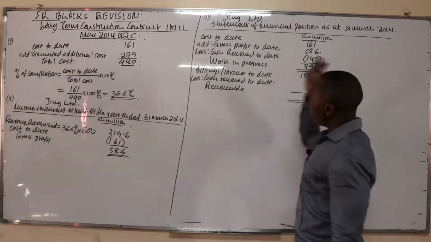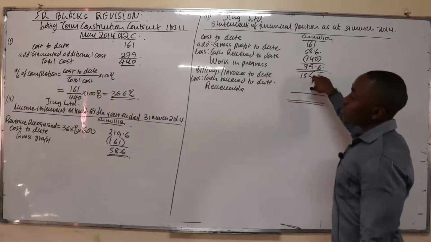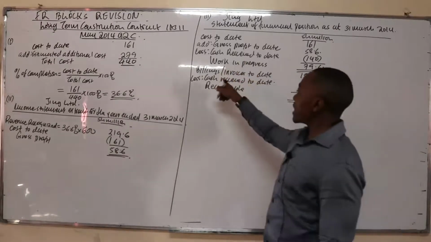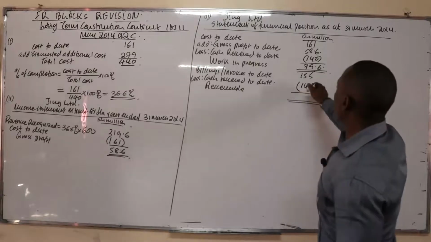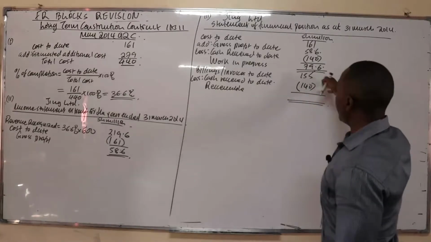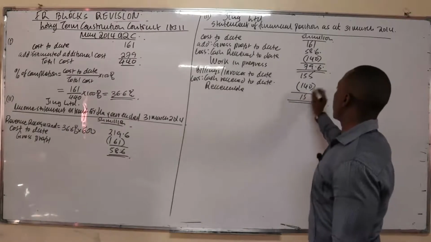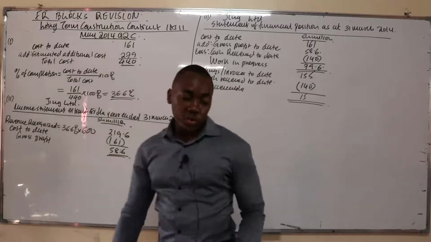So you had invoiced your client or the contractee 155. But how much did you receive? The cash received to date, you only received 140. You billed him 155, you only paid 140. So that means there's an account receivable of 15. That is the amount we expect to recover during the year.